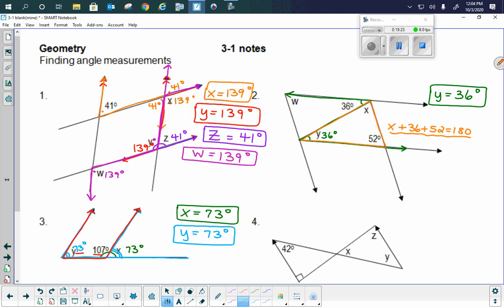So add 36 and 52, subtract from 180, and you will get that X equals 92 degrees. I'll go ahead and put that in the picture. Again, notice we don't need to solve these in order, just wherever it comes up.